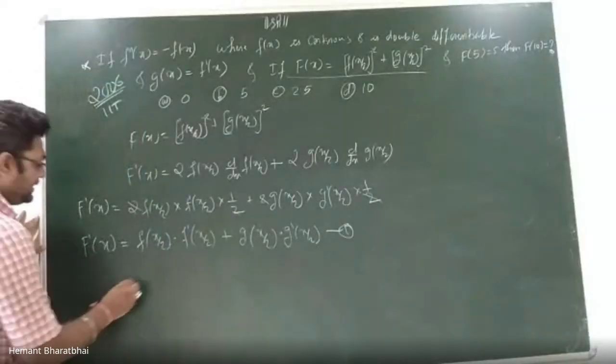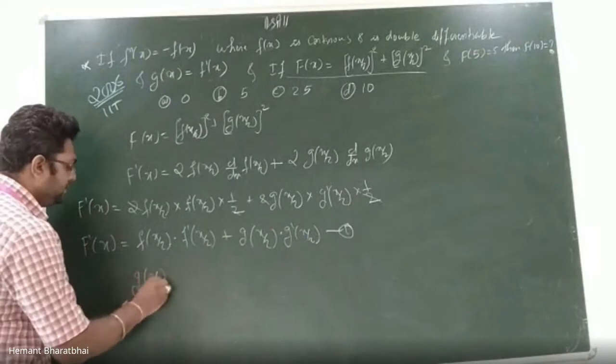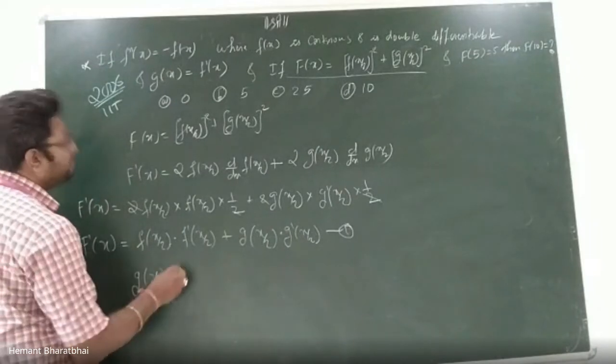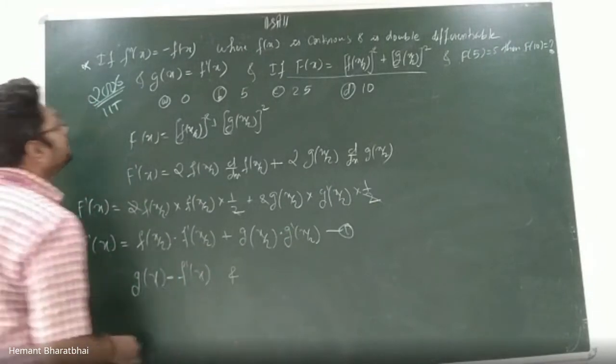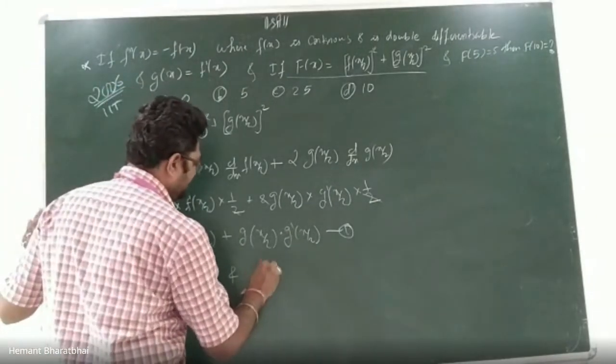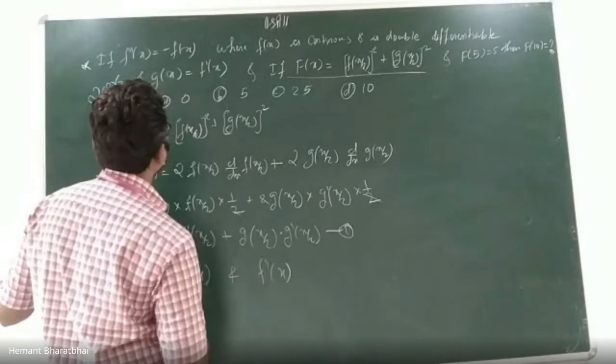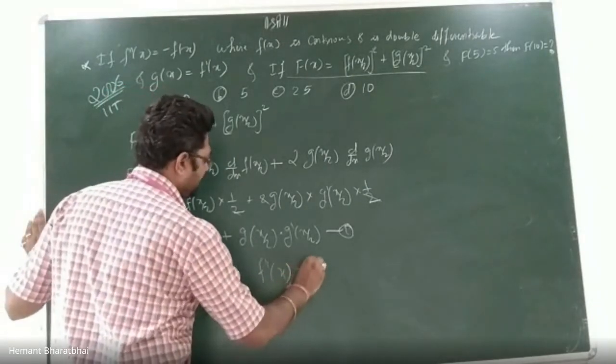Now, in the data he has given us g of x is equal to f dash of x. At the same time, he has also given us f double dash of x is equal to minus f of x.